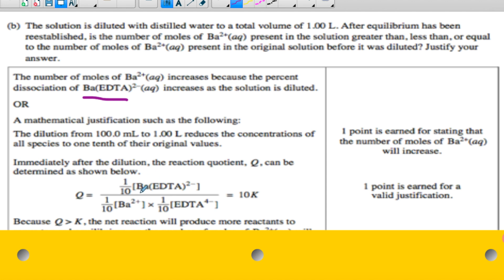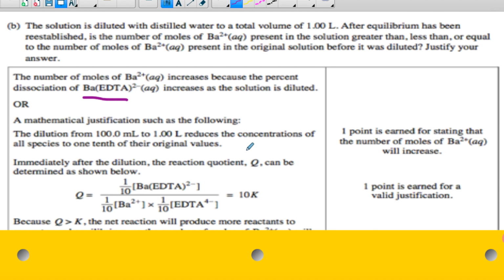and the reason why they have the 1/10 in there is because it went from 100 milliliters to 1 liter. So they're suggesting, hey, by the way, we're diluting it basically by a factor of 10. So if we put 1/10 the value here, 1/10 the value here, and 1/10 the value there, then you get a value for Q of 10 times whatever the old K was.